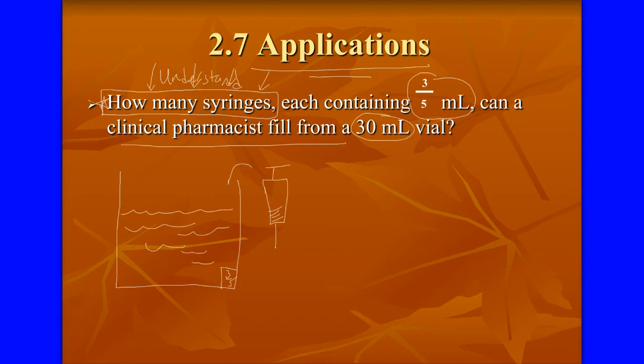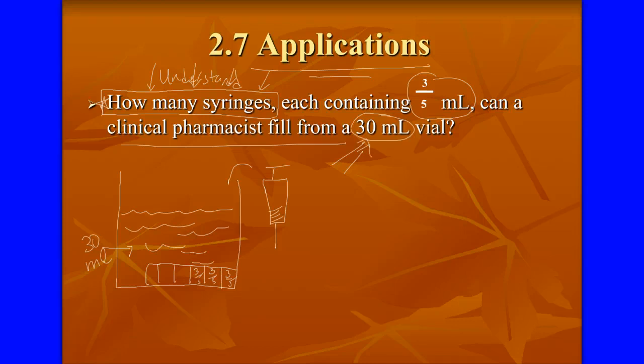And then he does it again. Subtracts another 3/5, and he does it again, 3/5, and on and on, until he has a whole bunch of syringes, and this is empty. And I know that the total amount in there is 30 milliliters. That's what the question said right there.